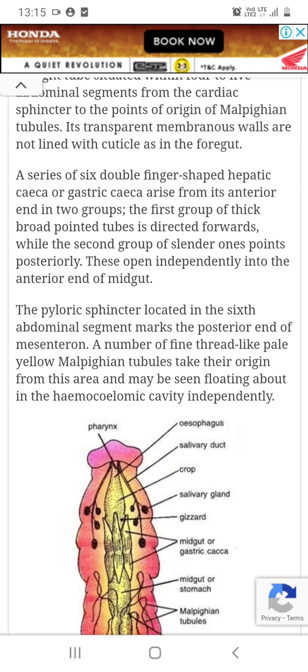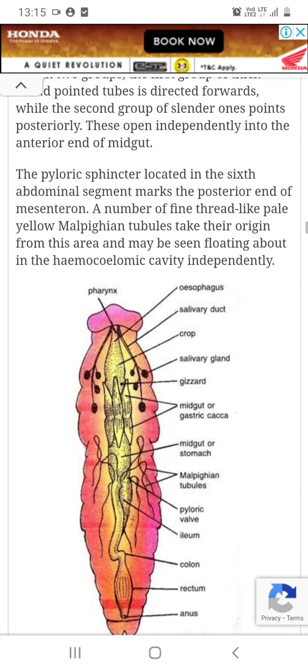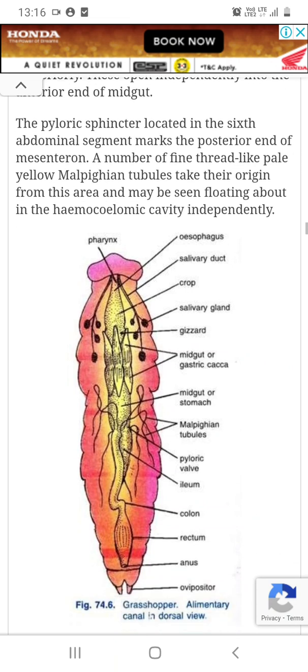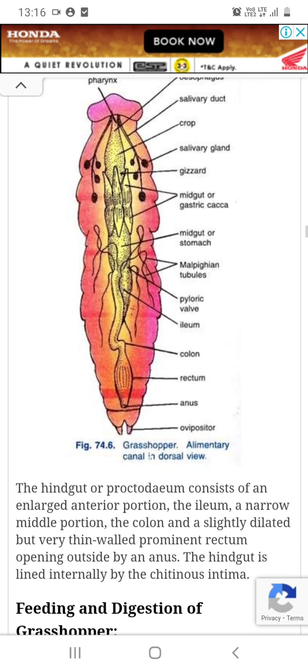These open independently into the anterior end of the midgut. The pyloric sphincter, located in the sixth abdominal segment, marks the posterior end of the mesenteron. A number of fine, thread-like, pale yellow Malpighian tubules take their origin from this area and may be seen floating about in the hemocoelic cavity independently.